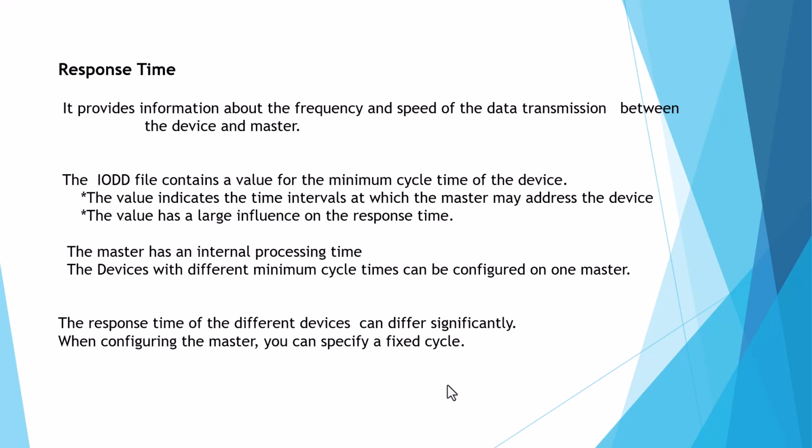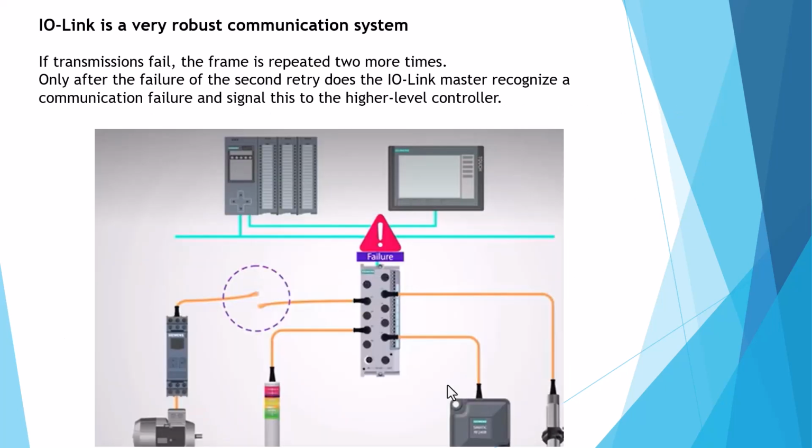The value has a large influence on the response time. The IO-Link master has an internal process time. Devices have different cycle times, so your device should be configured on the master. Different devices have different response times, so every time you use an IO-Link master, you have to do the configuration.